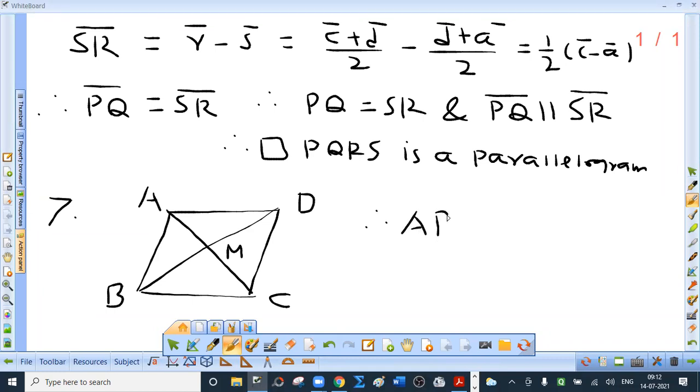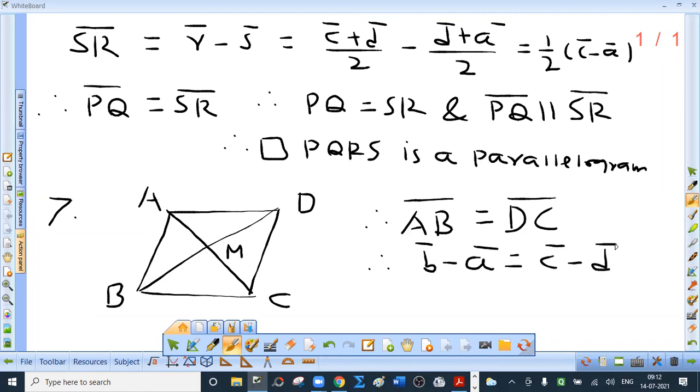Therefore, AB bar equals DC bar. See, presentation is important. Now tell me, what is AB bar? B bar minus A bar. And what is DC bar? C bar minus D bar. Rearrange the terms.